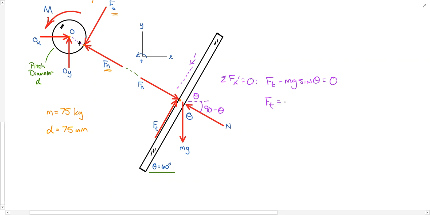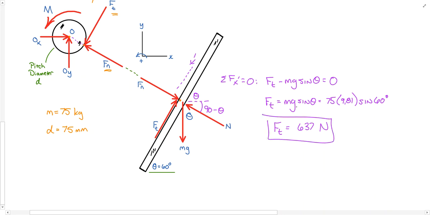So Ft is equal to mg sine theta, which is 75 times 9.81 times the sine of 60 degrees. And we find that Ft is equal to 637 newtons.